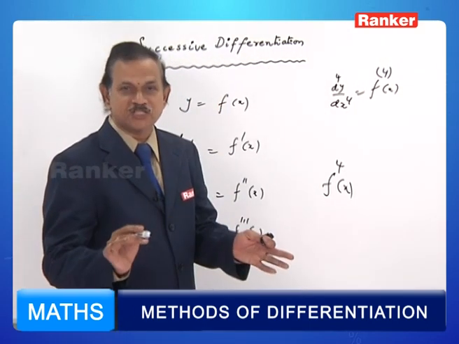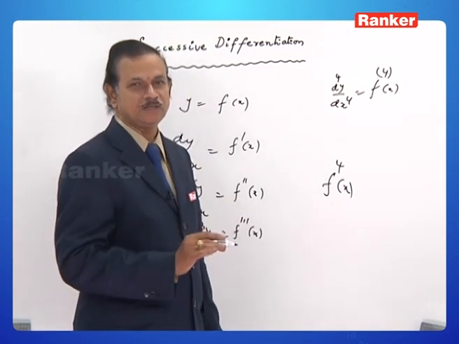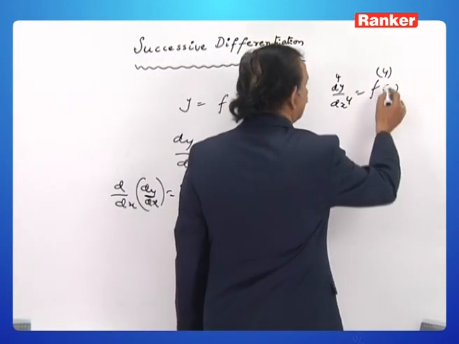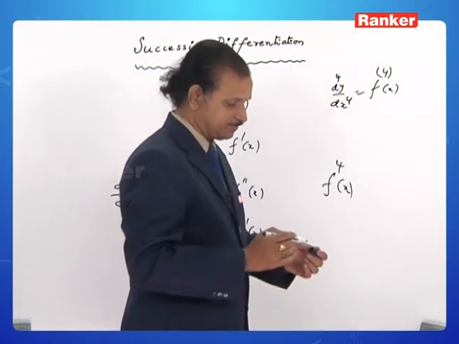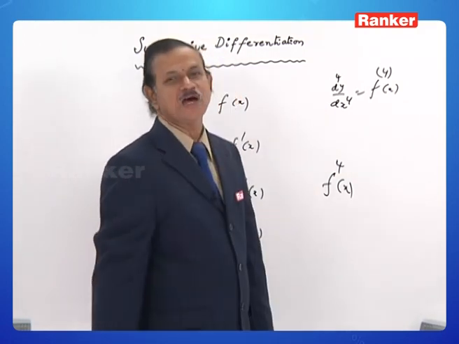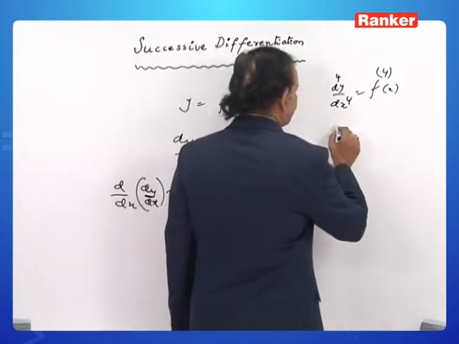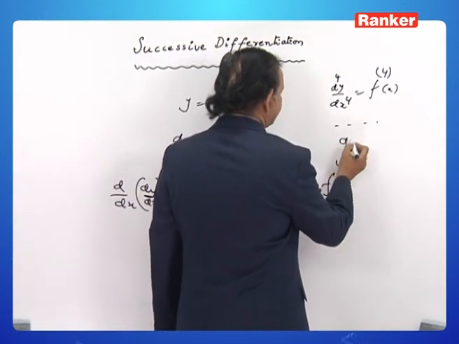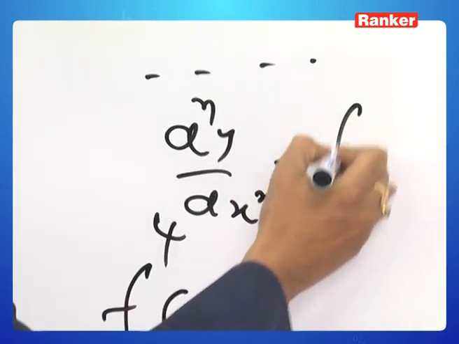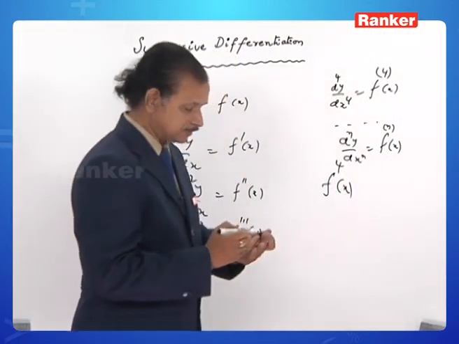To avoid such misunderstanding, a particular symbolism has been introduced: f power 4 of x, that is the fourth derivative of f of x. Like that, if we proceed, d power n y by dx power n is equal to the nth derivative of f of x.